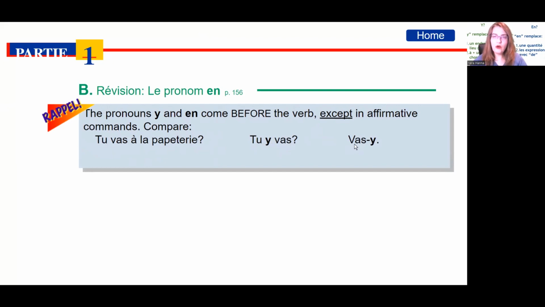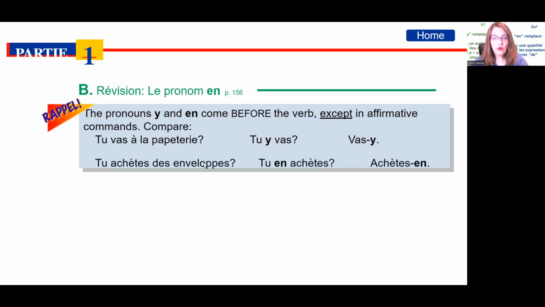But for the command form, vas-y, go ahead, or go there, right? So we drop the subject pronoun, we keep va, and we move the pronoun of place to after the verb. And we put a hyphen in between to indicate that there was an inversion that happened. So vas-y, go there, but vas-y could also mean go ahead, go on.